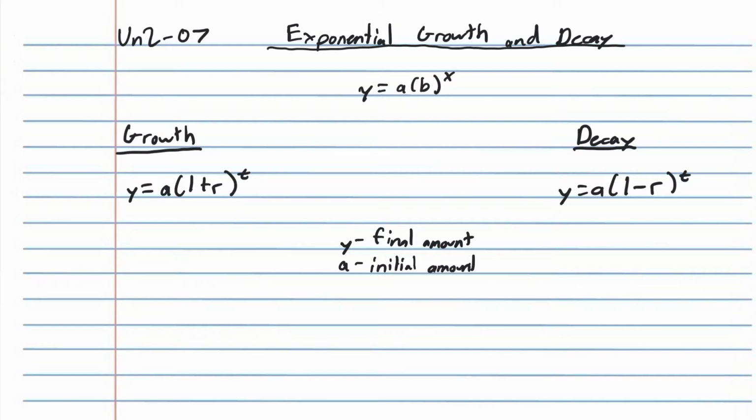Initial just means at the beginning, so this is what you start with. And then r is the rate, which means how fast it is changing.